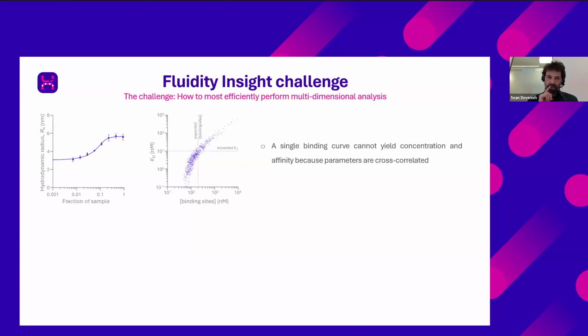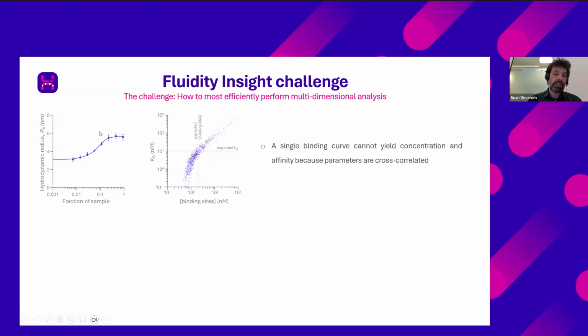Now, as you might imagine, these assays are somewhat complex. If we think about when we're trying to determine the affinity and the concentration, if we walk up to a sample when we don't really know anything about it, say, for example, a serum sample, but we want to know the affinity and we need to know the concentration as well.